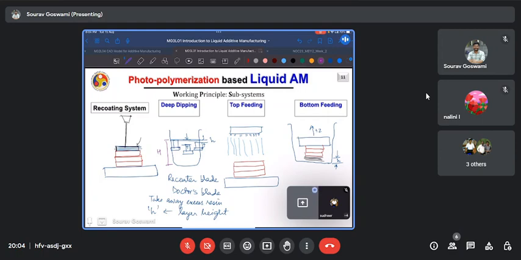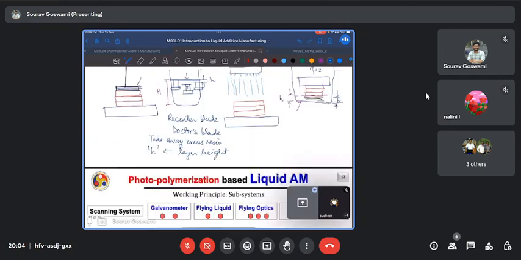But in the case of bottom feeding especially, and compared to deep dipping, in each step I just need the minimum quantity of resin, where the height of the resin column should simply be equal to the step size or the layer height itself. So I can actually work with a very low quantity of resin in the vat. Or maybe I can pump in each step a very low quantity of resin. So this is more economical and less wasteful.